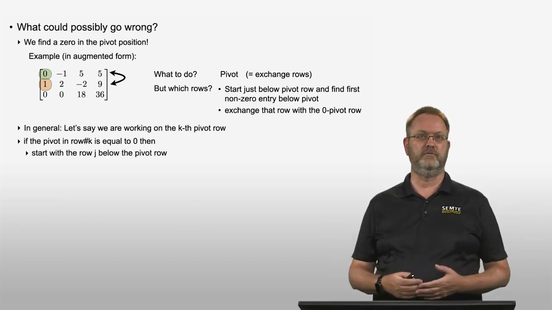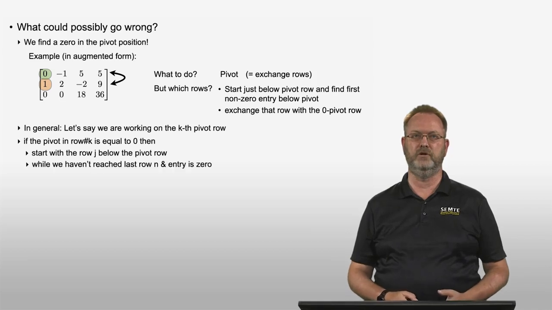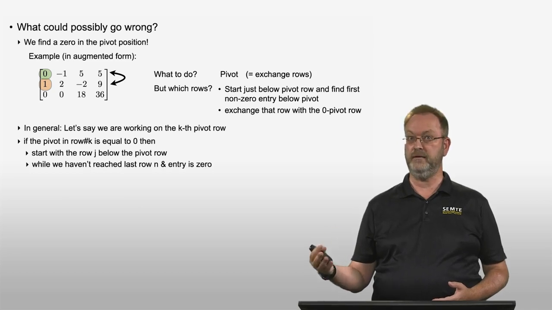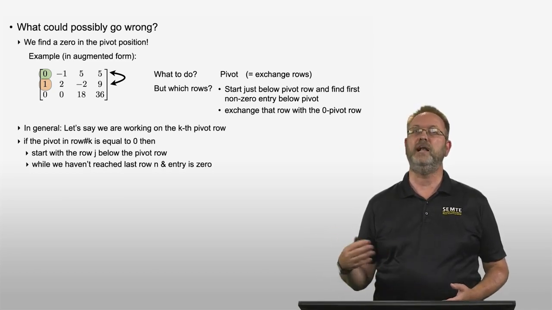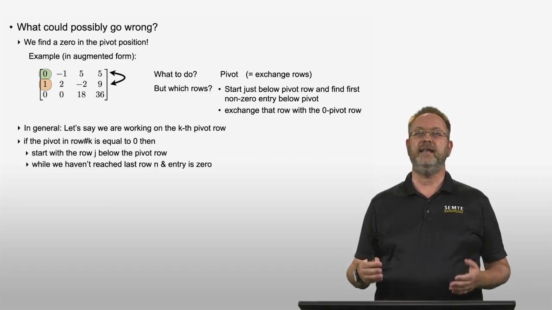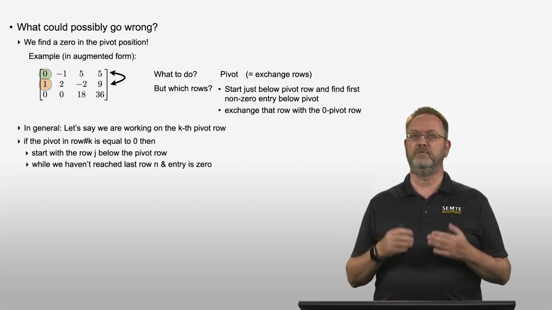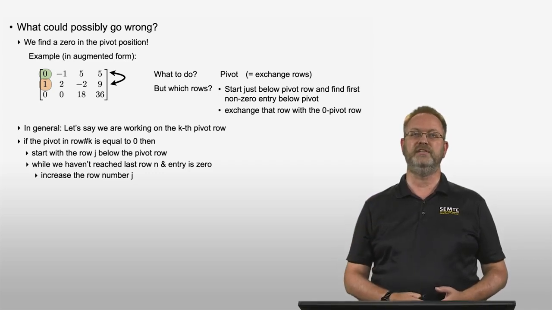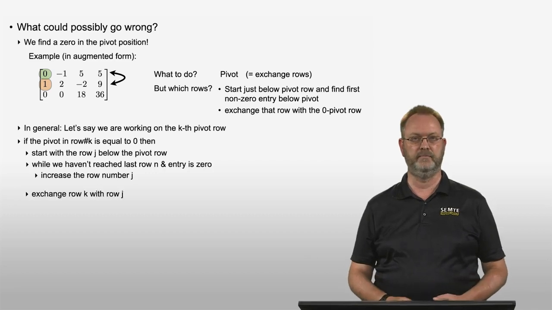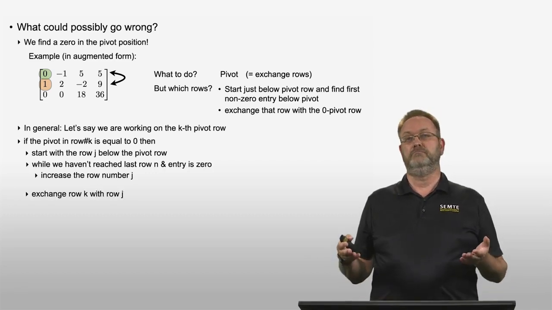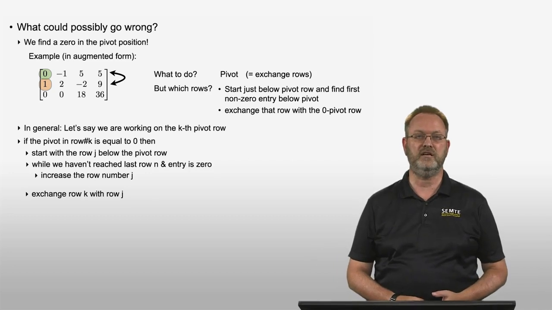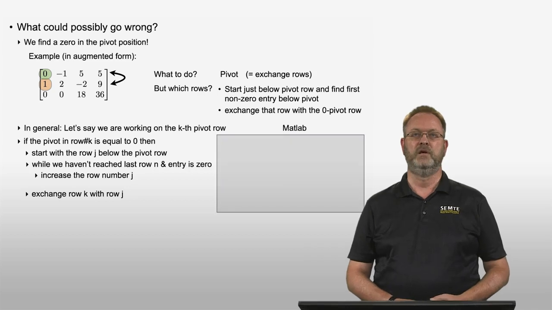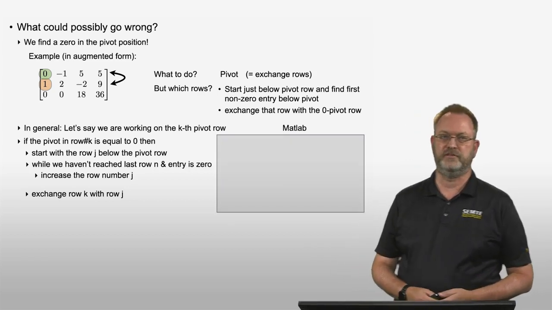Well, we start with the row j just below the pivot row, and while we haven't reached the last row n, and the entry in this column and that row is still 0, we go on to the next row by increasing the row number j by 1. Once we have found an entry that is not 0, we exchange row number k with row number j. Okay, so let's develop the MATLAB code for this.